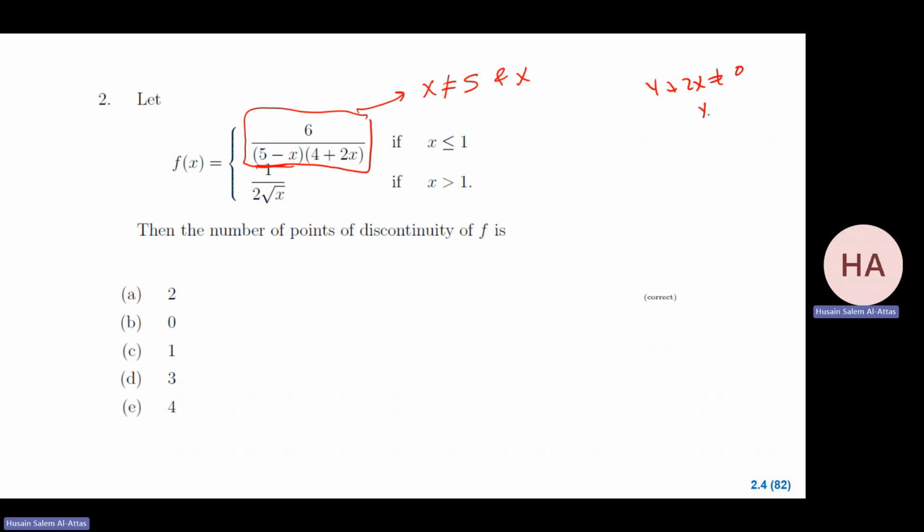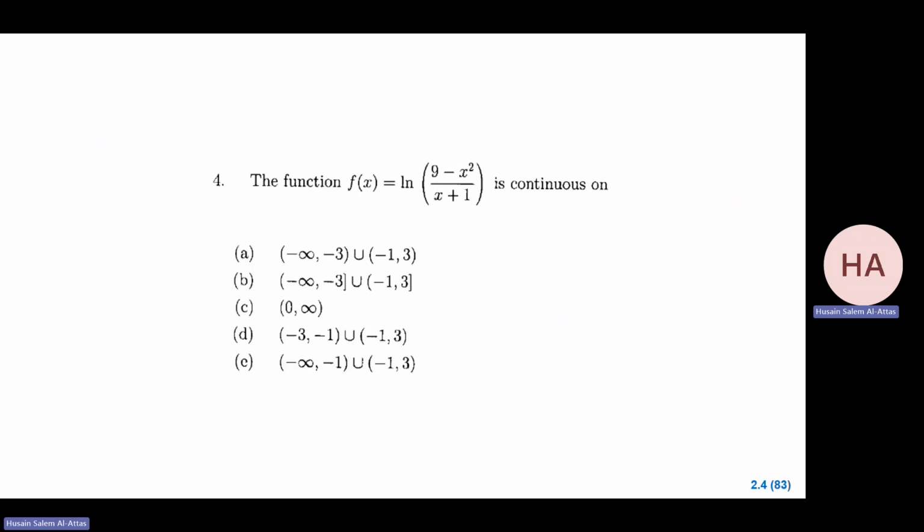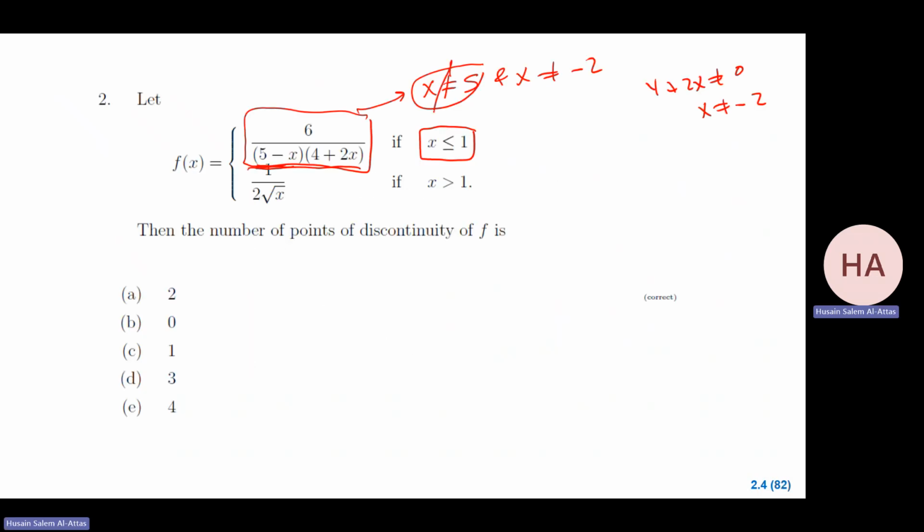It means x not equal to minus 2. Now, shall I exclude these two? Be careful. I need this restriction: this is defined just if x is less than or equal to 1. This is outside it, so I will not consider it. So I'll consider only this point. This is a point of discontinuity.